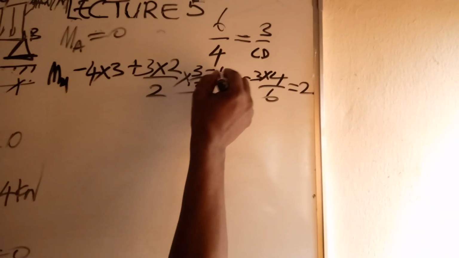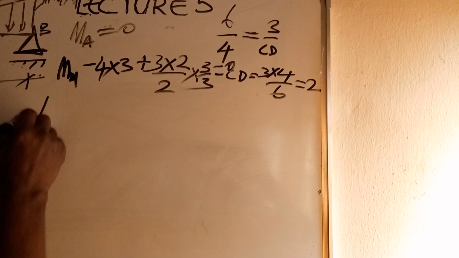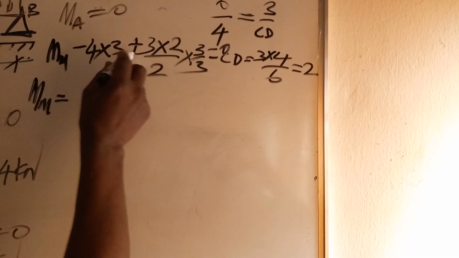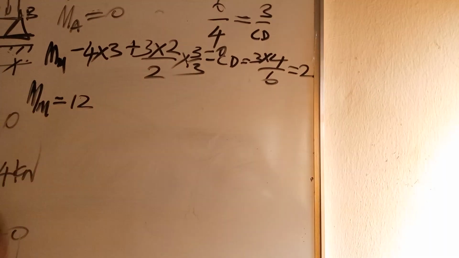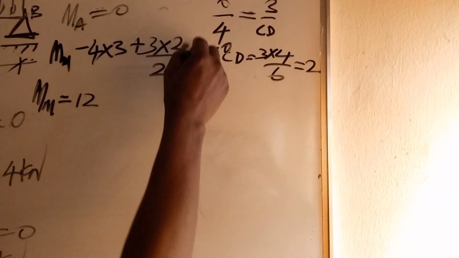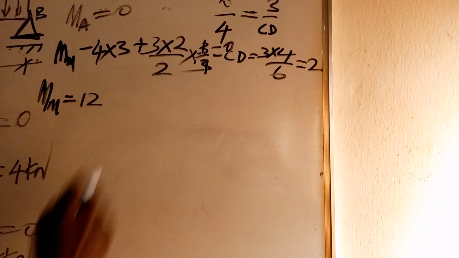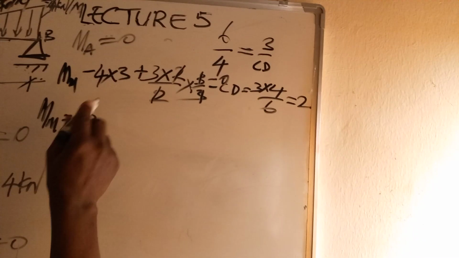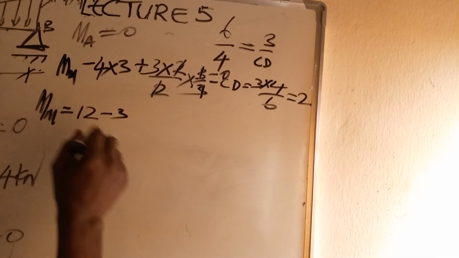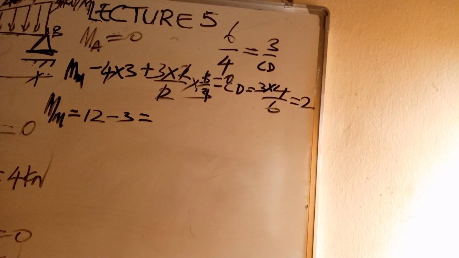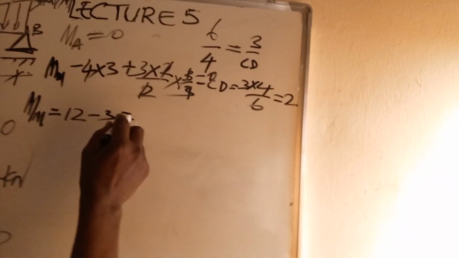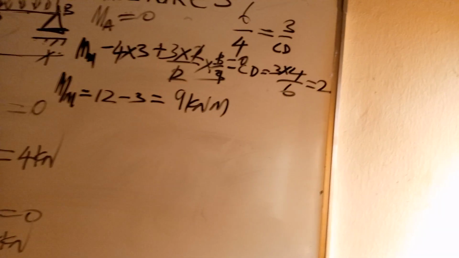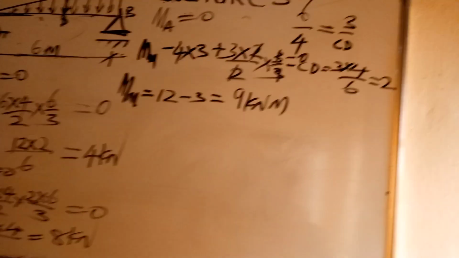This is equal to 0. So M at the middle is equal to 4 times 3, which is 12, minus 3, which is 12 minus 3, which is 9 kilonewton meter. That is the moment at the middle.